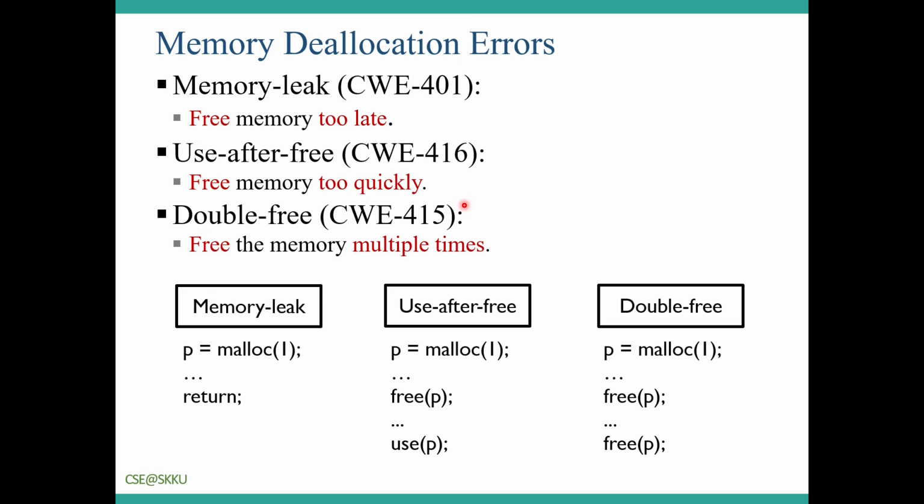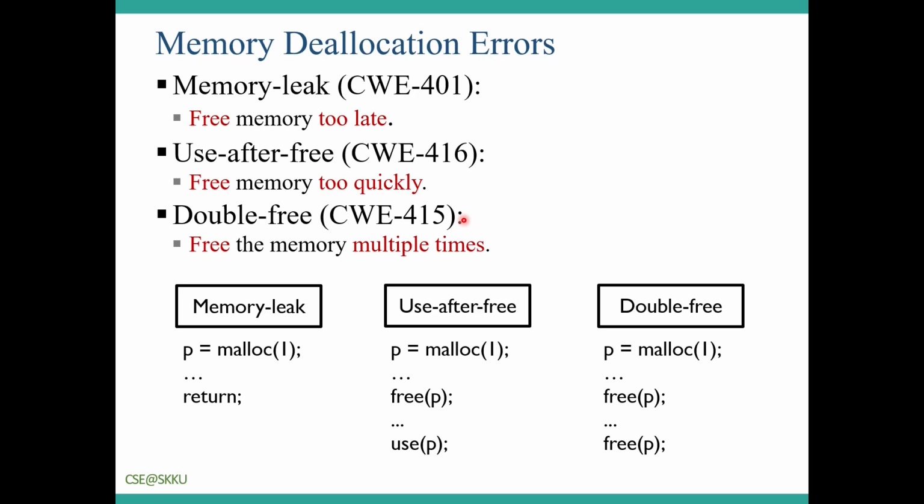A memory leak happens when the programmer forgets to free a pointer P. A use after free occurs when the memory is freed before it is used. And a double free happens when the same memory is freed more than once.